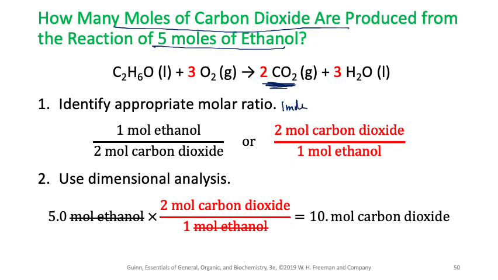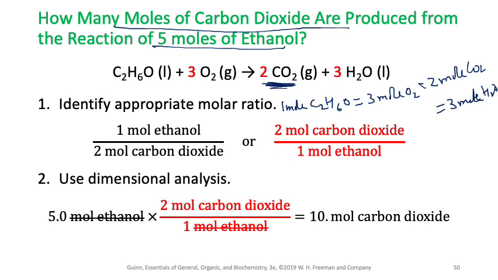1 mole of ethanol, C2H6O, equals 3 moles of oxygen equals 2 moles of carbon dioxide equals 3 moles of water, right? So what is given? 5 moles of ethanol.